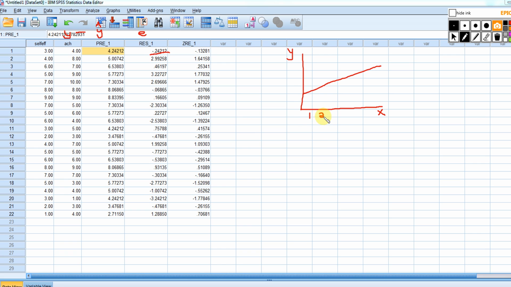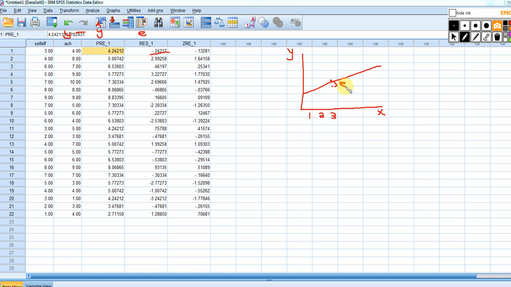That person had a score of 4 on achievement and a predicted score that was actually higher. That person's predicted score would be on the regression line. So the difference in terms of the error is negative, and that's why we have the negative value.